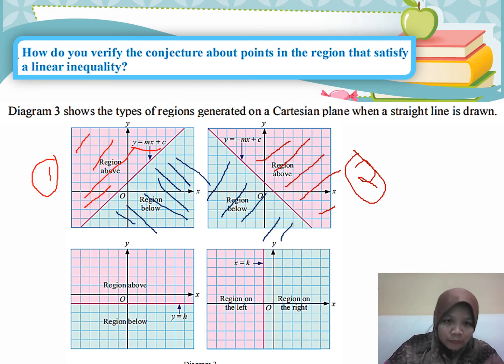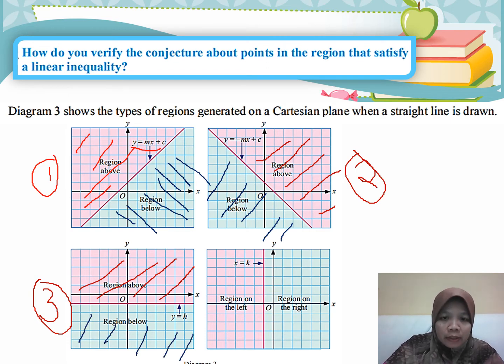Next, look at diagram number 3. If you have one line here, the line is y equal to h. This is your line. Then the red region is the region above the line, and the blue region is the region below the line.